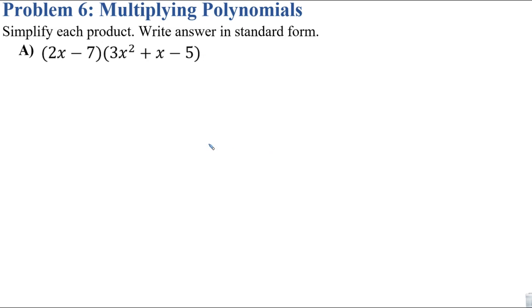But essentially, the idea here is going to be multiply everything in the first polynomial by everything in the second polynomial. Okay, we don't have a fancy acronym for binomial times trinomial, but it's the same idea as the FOIL method. We're going to take the 2x from the first polynomial and multiply it by all three parts in the second. So let's go ahead and do that.